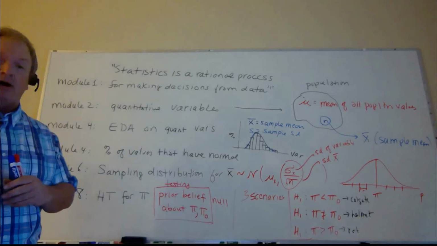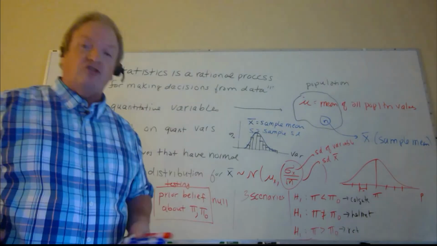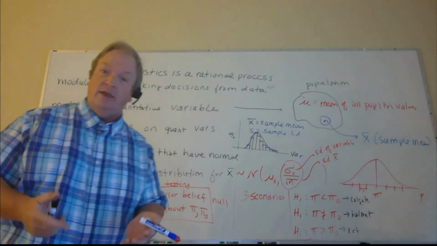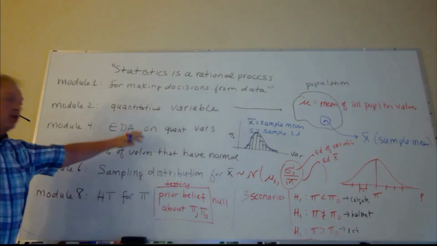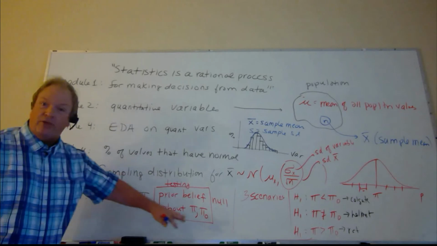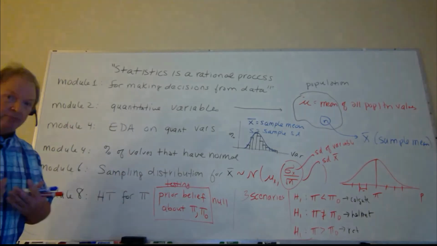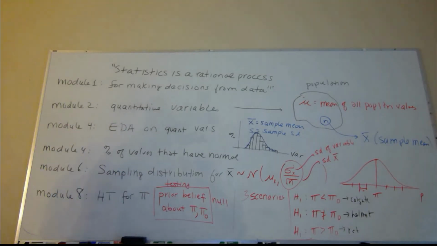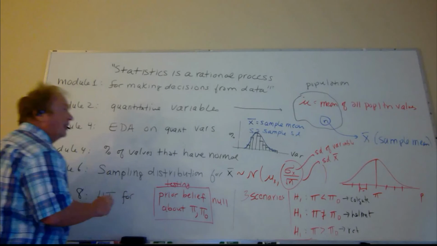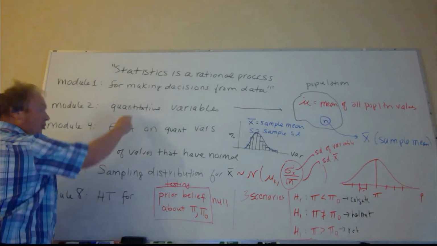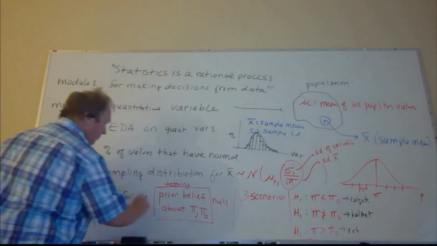I'm trying to impress upon you that the structure and the logic of what we're doing is exactly the same. And also trying to show you how the things that we learned earlier fit in with the things that we're learning now. So it helps you make better sense of what we're doing and where you might have to go back to refresh a little bit. So now we're doing the hypothesis test on the parameter not for a categorical, but for a quantitative variable, which is mu.